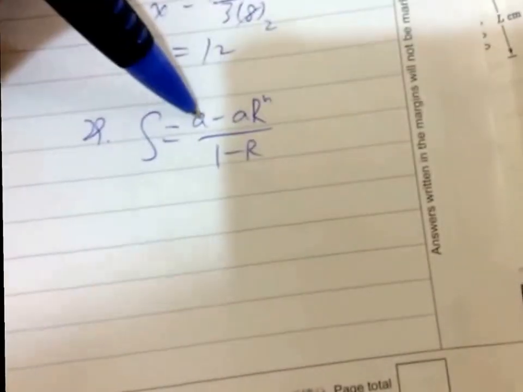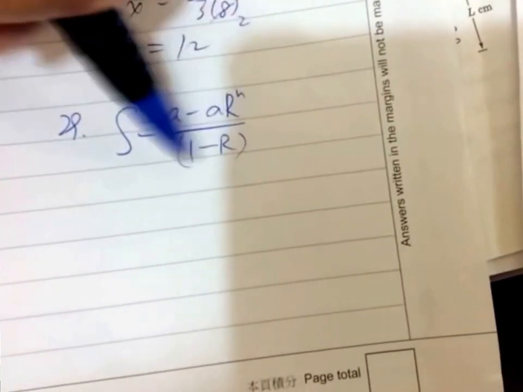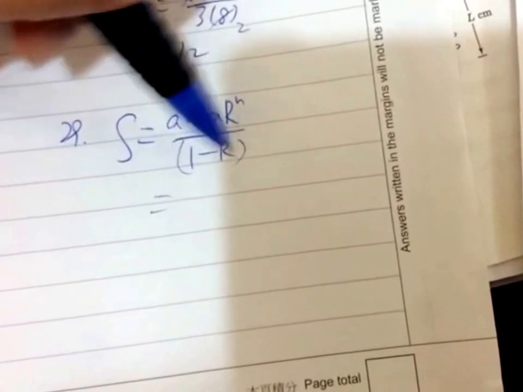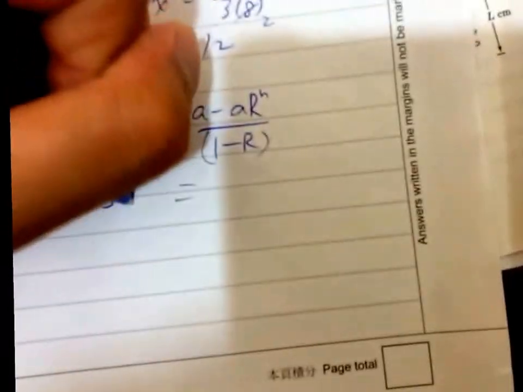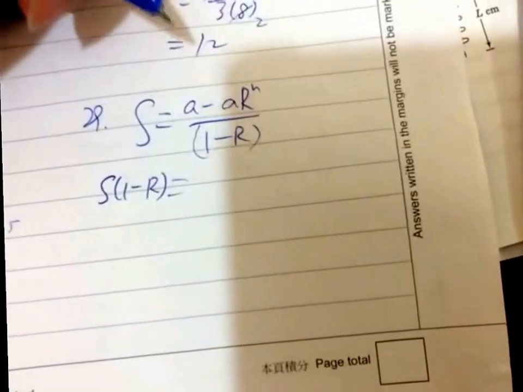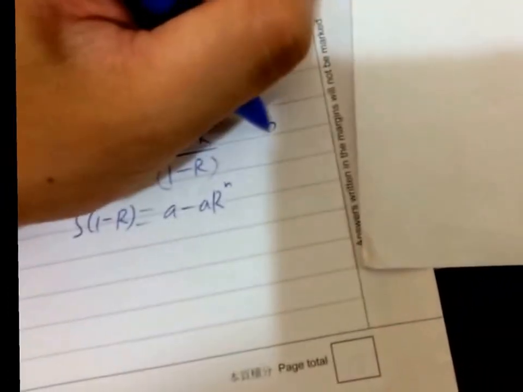Number 29, I want to make a the subject. This is a fraction, whole thing. Two terms, this is a factor, this is a denominator, whole thing. You need to multiply the whole thing up, but not just 1 and just r. I want to multiply both sides by 1 minus r, and it's a minus a r n. Because these are two terms, you can bracket it out.